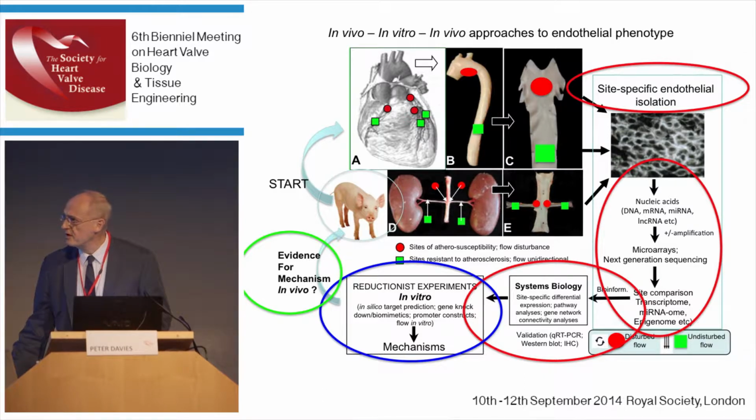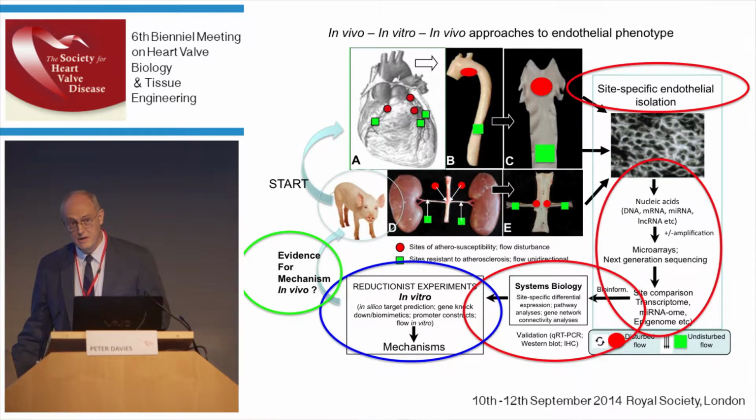And then we look for evidence for these mechanisms in vivo. Now, the reductionist experiments often throw up information which you didn't realize in a pathway existed, but you only were led there because of the in vivo. And it's important, therefore, to go back in vivo and check indeed whether the new discoveries are actually occurring back in the animal.